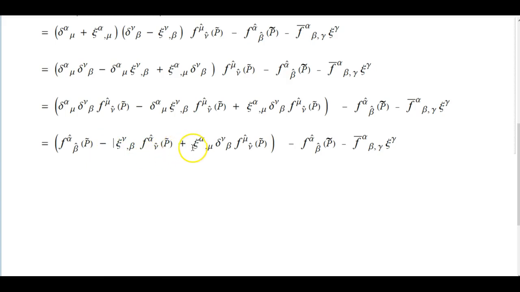Okay, and then you have this, nu contracts to beta. So this is gone.